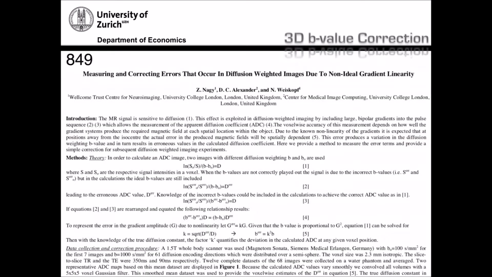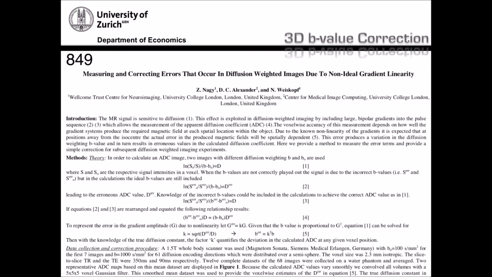Another application that I would like to show you, which we worked on quite a long time ago, is an idea to use diffusion imaging to measure the gradient nonlinearity of the system you're working with. It was an ISMRM abstract in 2009, so the project was done sometime before then, maybe around 2007 or 2008.